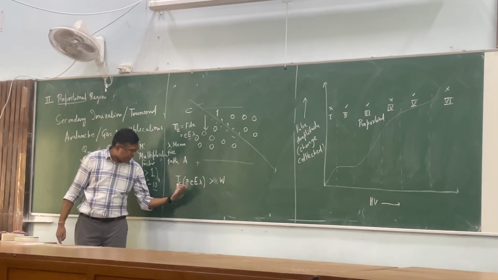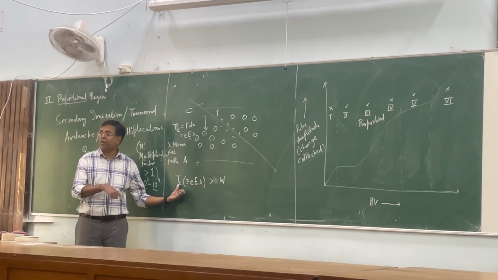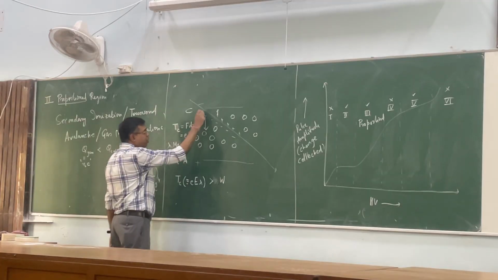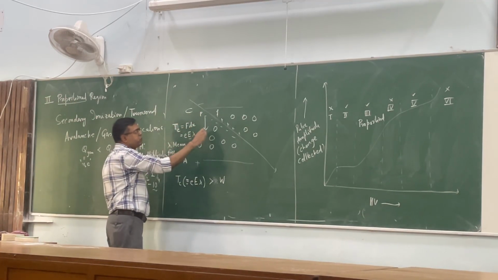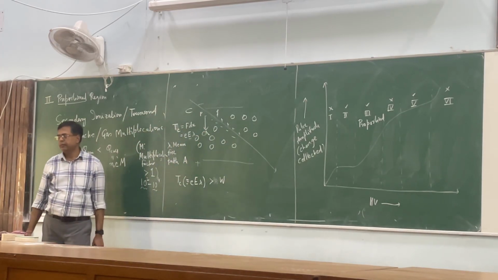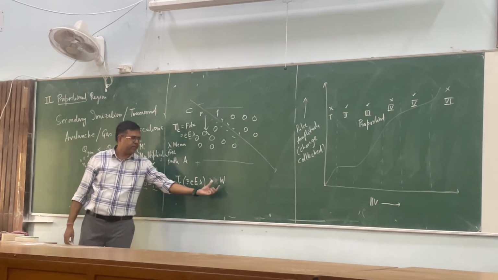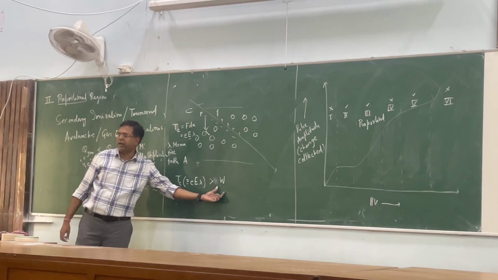Once this electron's kinetic energy is sufficient, then what can this electron do? The primary electron which has come here can release one more electron, because it has gained sufficient kinetic energy from the field that it can exceed the average energy to create an electron-ion pair.